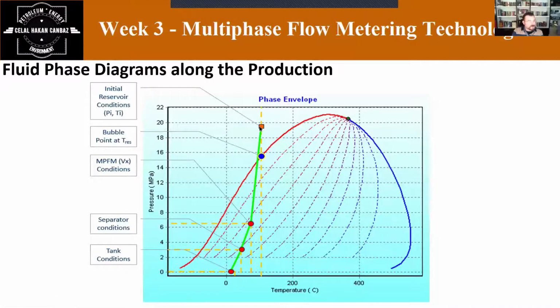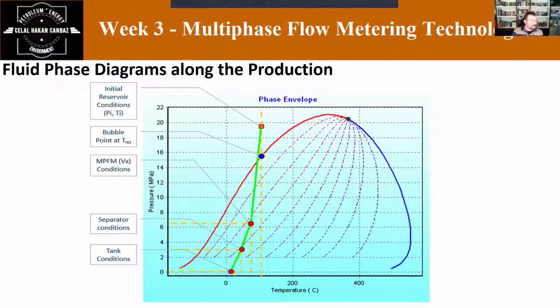What are these? Initial reservoir condition. First of all, your initial reservoir condition, we call it PI and TI, right? Your bubble point here, your multiphase flow meter conditions, I gave the example here, your separator conditions, and your stock tank conditions. We have to describe these 5 points by measurements.